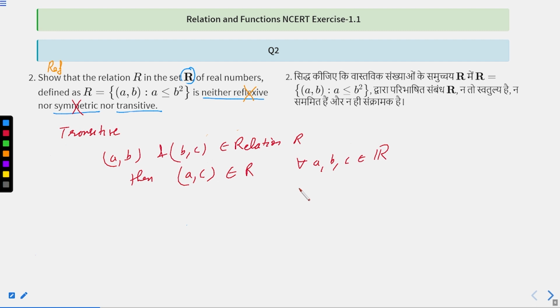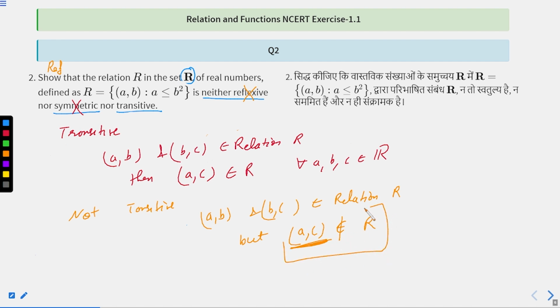So to prove not transitive, we need to show that AB and BC both belong to the relation R, but AC does not belong to the relation R. There exists some A, B, C which follows this.